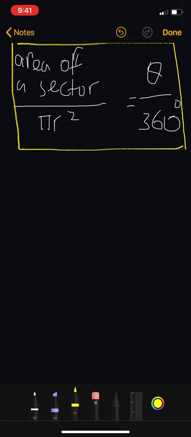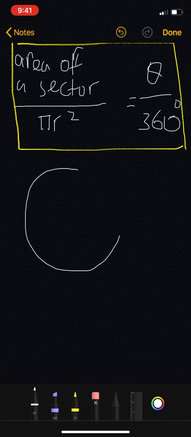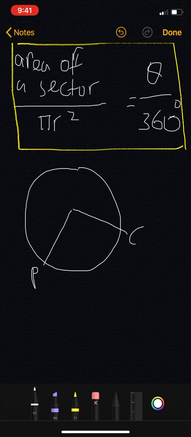My example is, I'm using the same circle as before. This one is P, this one is Q, and the angle is 150 degrees.